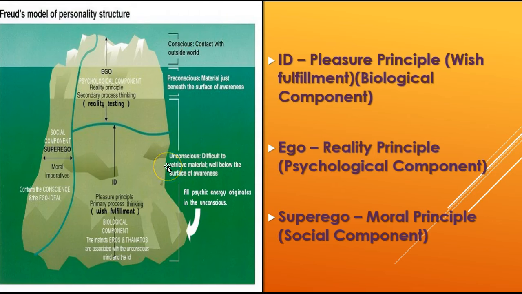The unconscious is difficult to retrieve material well below the surface of awareness. And he said that all of the psychic energy is in the unconscious. Here is where the id is, the wish fulfillment, which is the biological component.